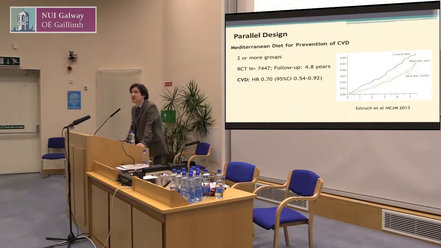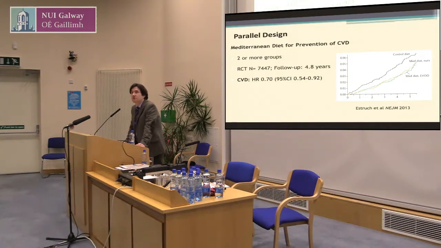The most obvious design, and the one that most people are familiar with, is the parallel design, where you randomize 2 or more groups to an intervention versus control. So this is a comparison. Throughout the course of the trial, people are maintained within the treatment group that they're allocated to. This is an example of a parallel randomized controlled trial evaluating the Mediterranean diet and 2 slight variations within the Mediterranean diet.